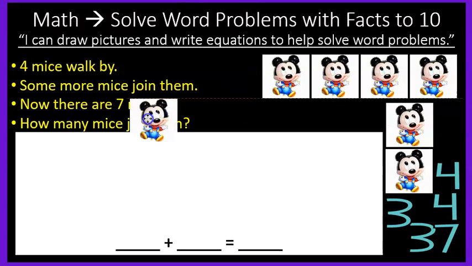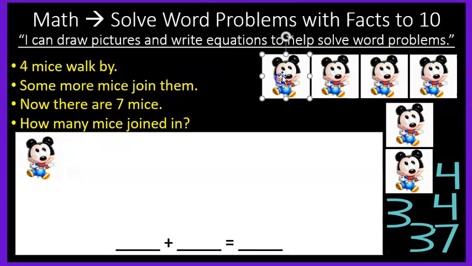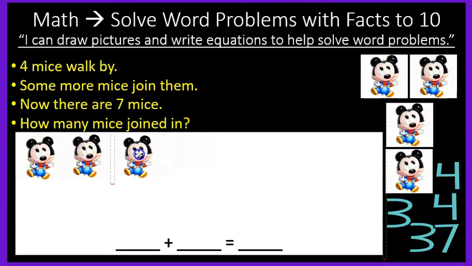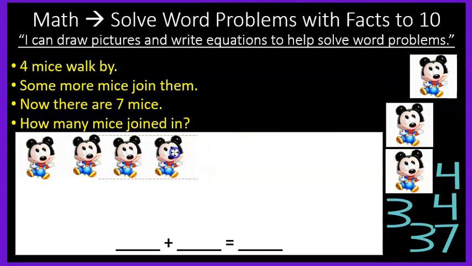Count with me. 1, 2, 3, 4. Okay, so look now. We now have 4 mice here because that's what the first sentence is telling us. 4 mice walk by.